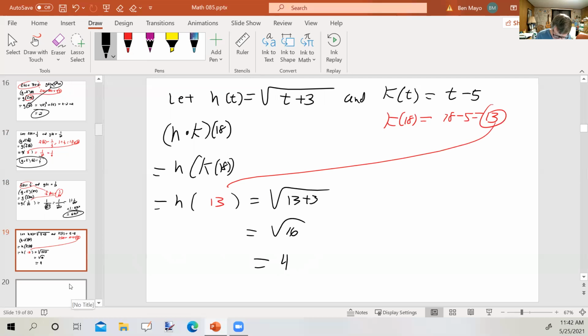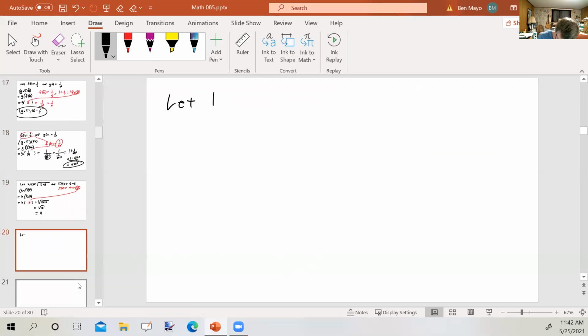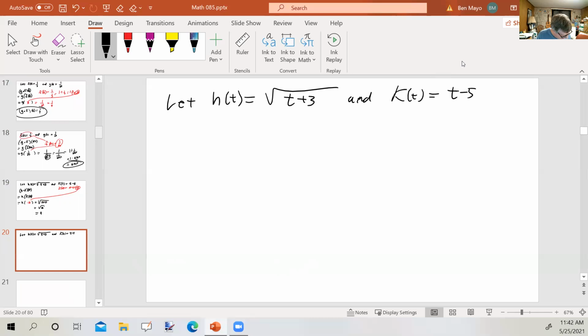Let's take a look at another example where again we're going to let h of t equal the square root of t plus 3 and k of t is going to equal t minus 5. Let's find k composed with h of 22. Well, that's equal to k of h of 22.